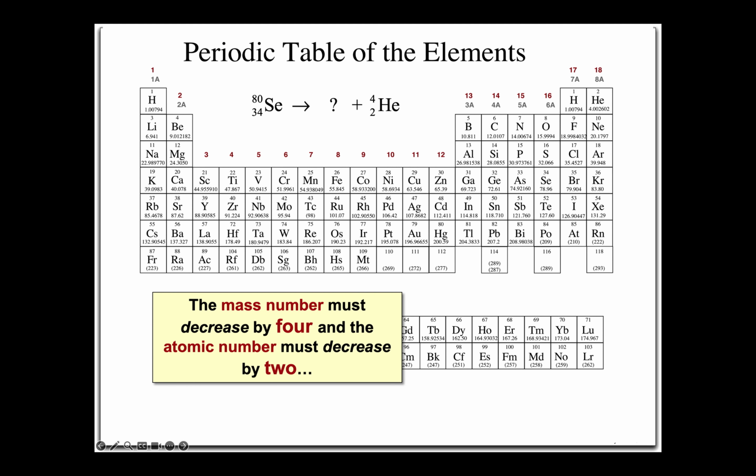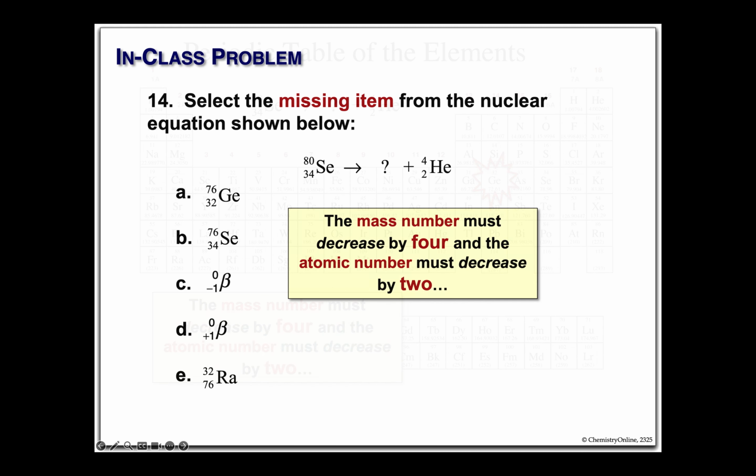Selenium is right here. Atomic number is 34. We lose 2 protons from the nucleus. We're down here at germanium. This drops by 4. So we're looking at germanium 76. Any questions?